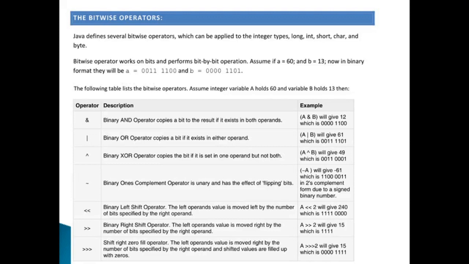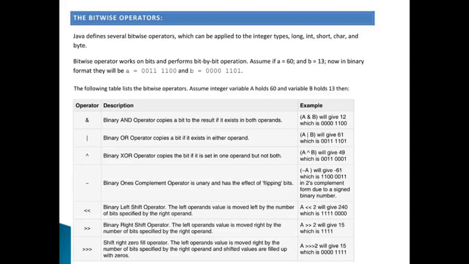So what exactly do bitwise operators do? The method of storing the various data type values, like integer or float or char or double, is all done in binary.